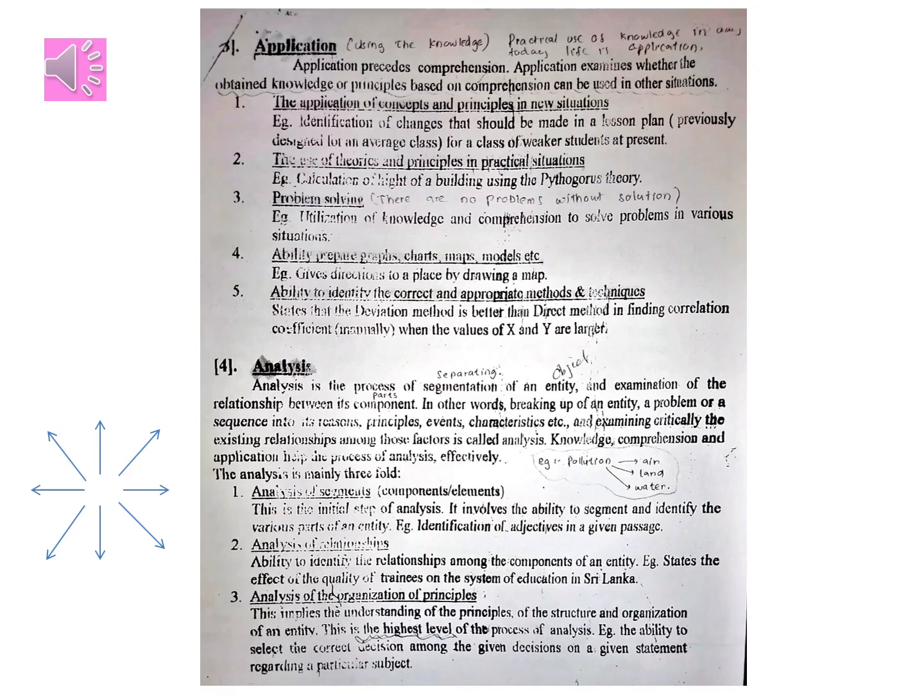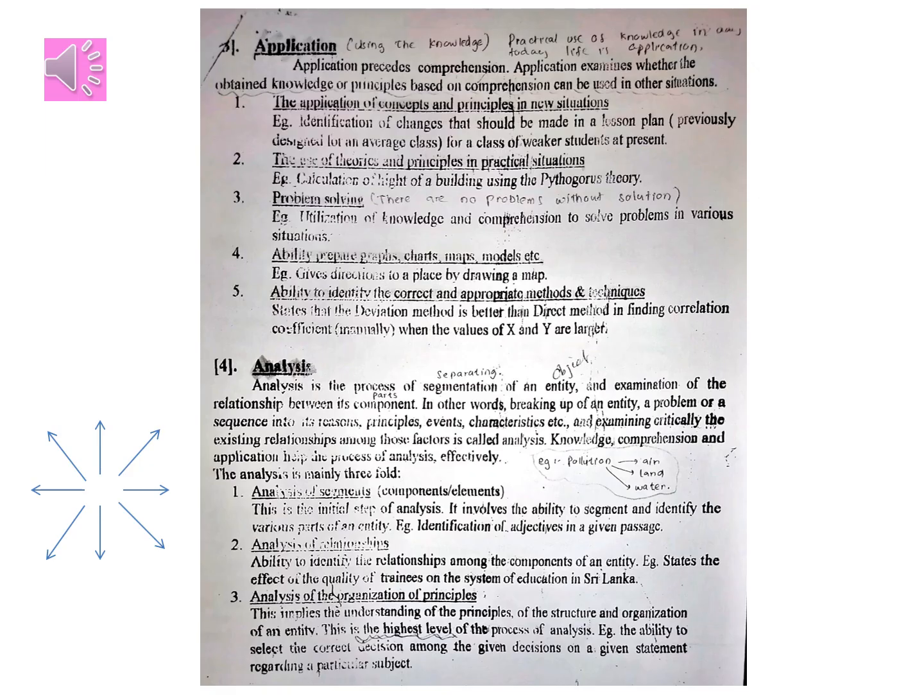But what you have to remember is that analysis means you should be able to separate the components of a unit and find the relationship among them. That is analysis. Sometimes you are asked to critically analyze something, so you have to segment these things and compare and contrast.